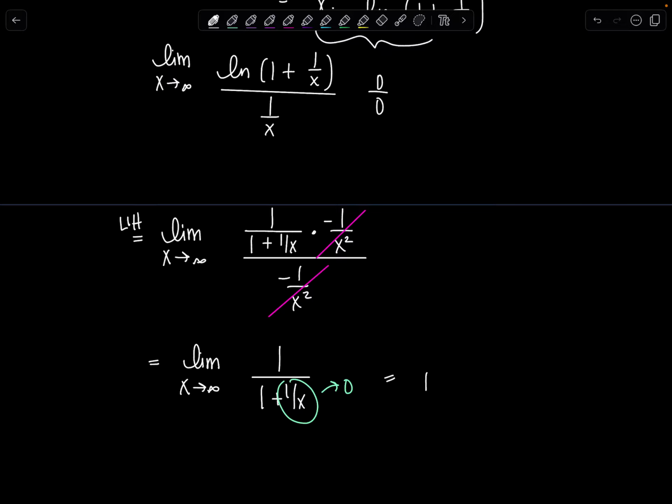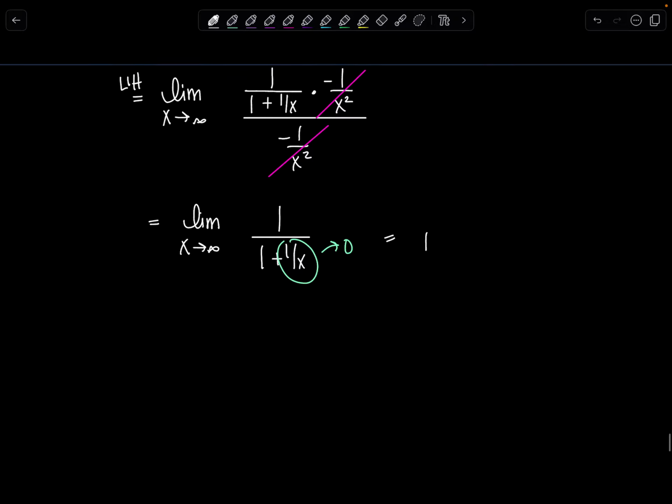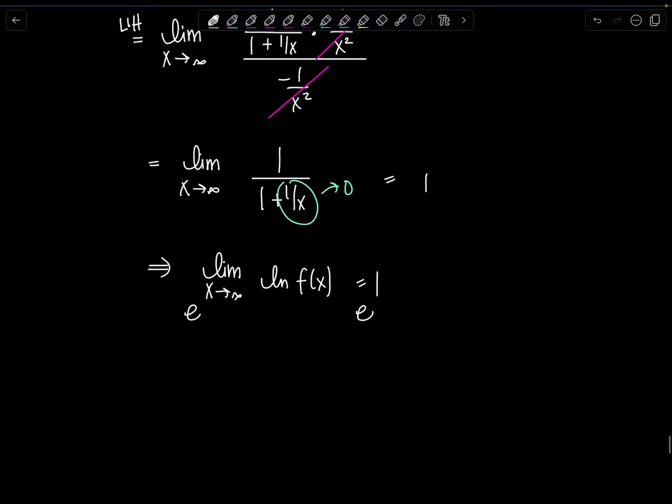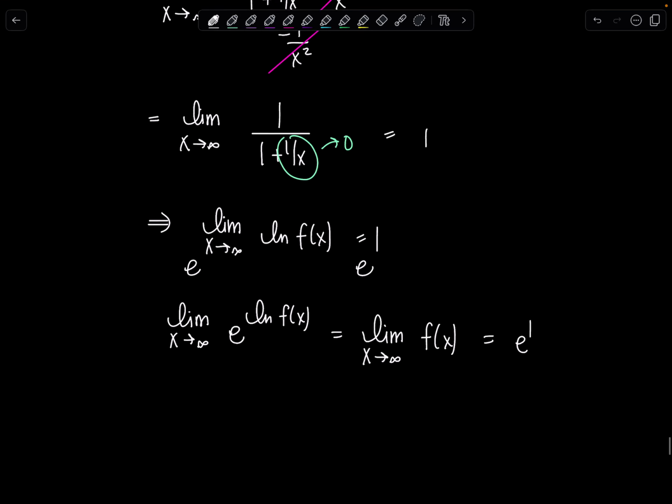But remember, this was not the limit of my original f of x. This was the limit as x approaches infinity of the natural log of f of x. That was 1. And if I want the limit of f of x, I have to take e and raise it to both sides. Then you can say the limit as x approaches infinity of e raised to the natural log of f of x, which is the limit as x approaches infinity of f of x, is e to the first.